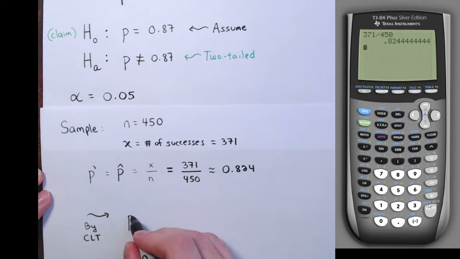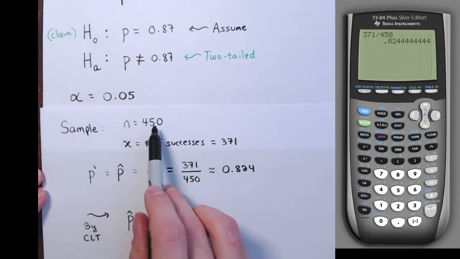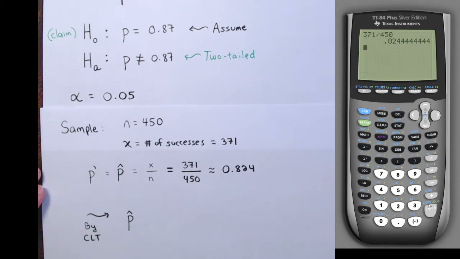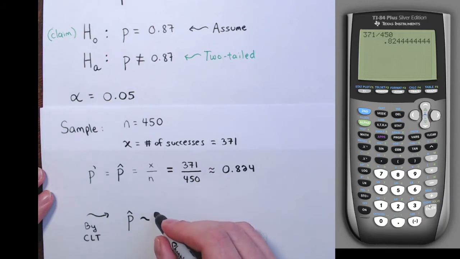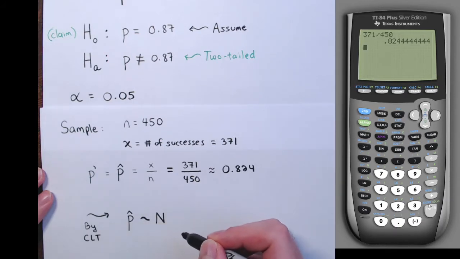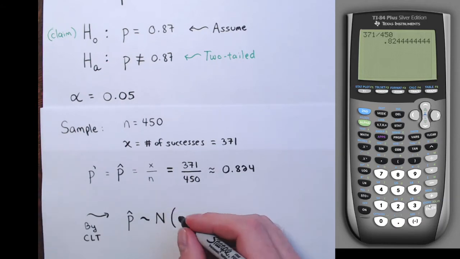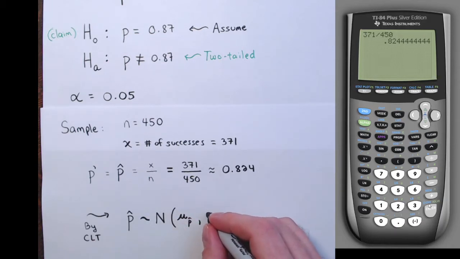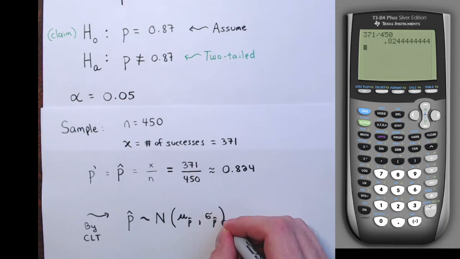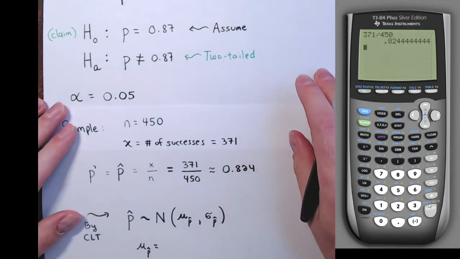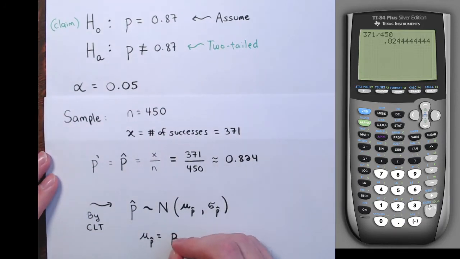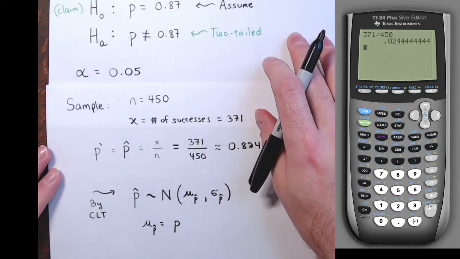If I were to look at all samples of size 450 and look at all their sample proportions, the distribution of the p hats would be approximately normal, with a mean called mu p hat and a standard deviation called sigma p hat, where mu p hat, the average value of all these sample proportions, is just the population proportion p.